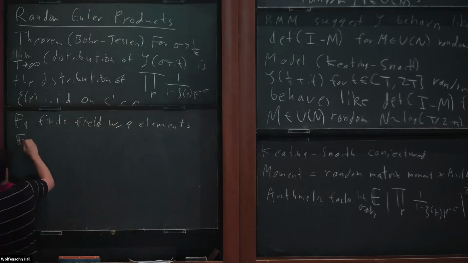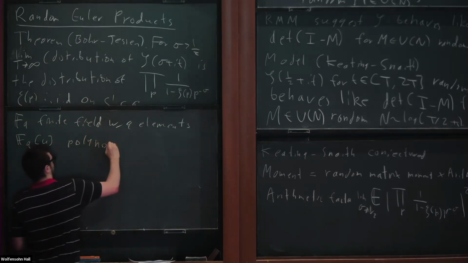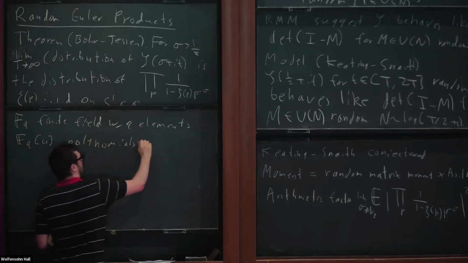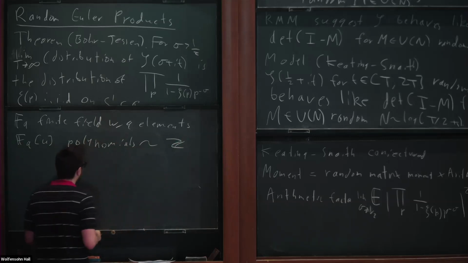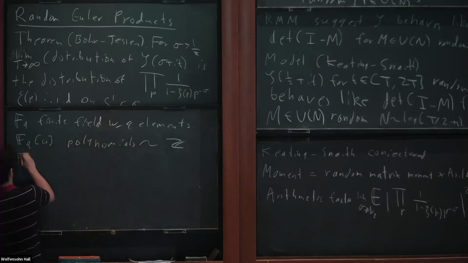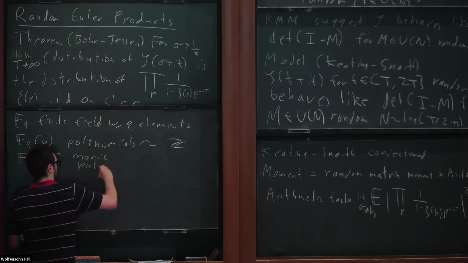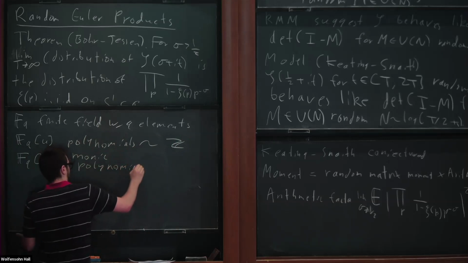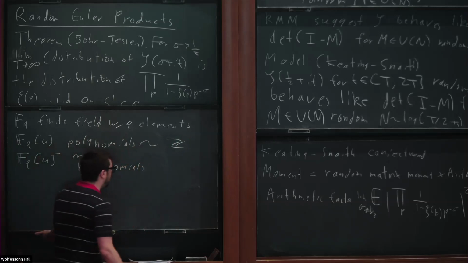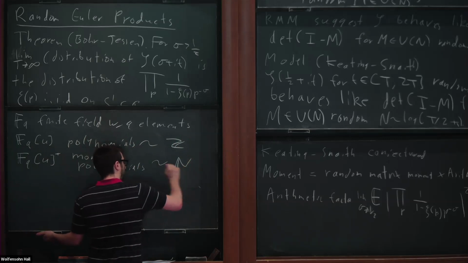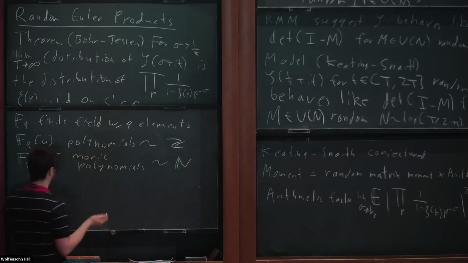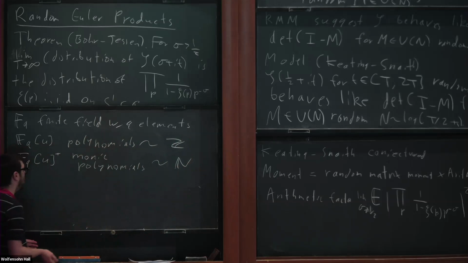F_q[u] is the ring of polynomials. I'm going to think of this as analogous to Z. F_q[u]^+ is monic polynomials. These are polynomials whose leading coefficient is 1, and I think of them as being analogous to the natural numbers, for example, because they parameterize the non-zero ideals of this ring.